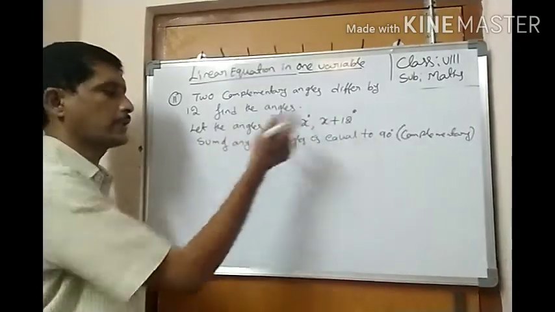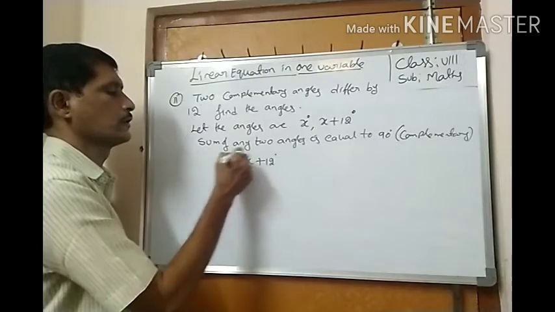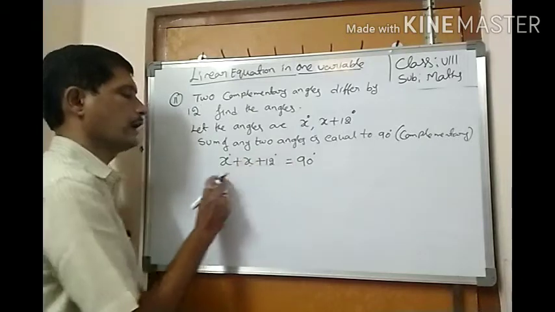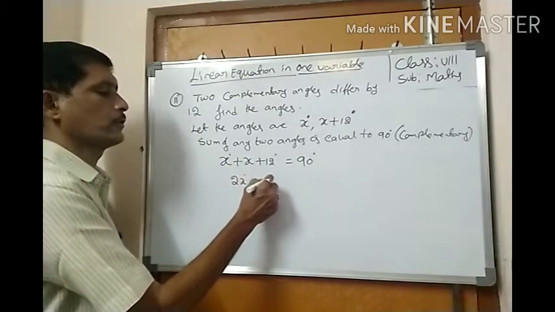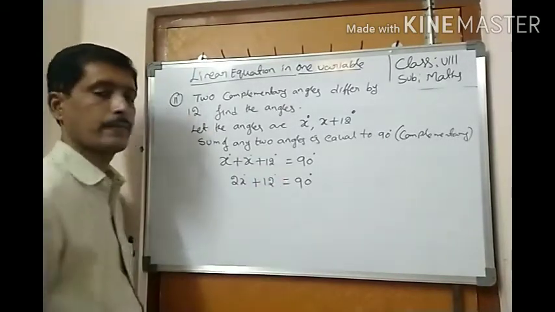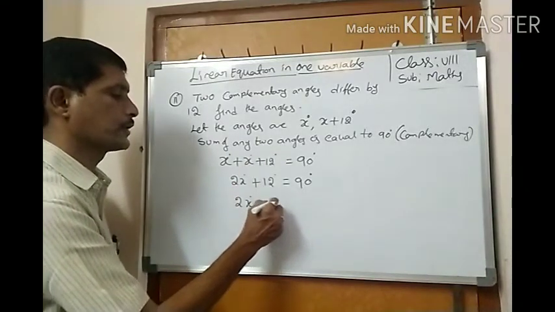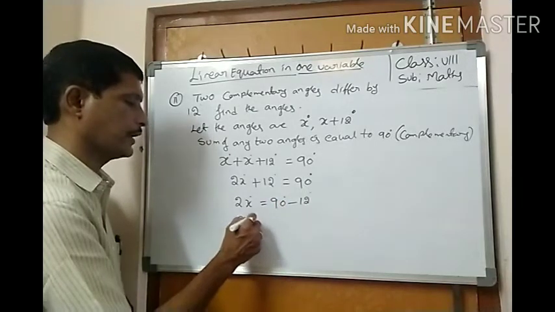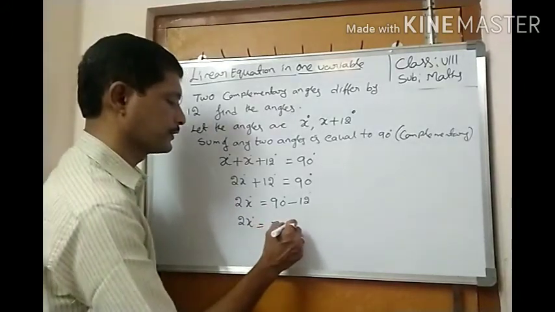Here x plus x plus 12 degrees equal to 90 degrees. So x plus x, that is 2x degrees plus 12 degrees equal to 90 degrees. This 12 is changing sides, therefore 2x degrees equal to 90 minus 12, that equals 78 degrees.